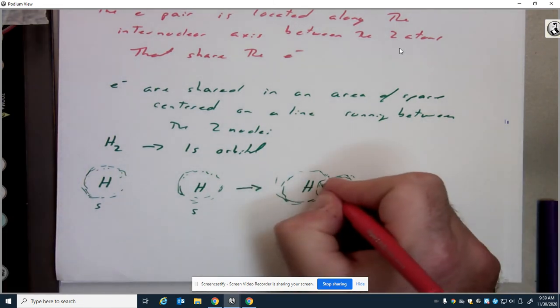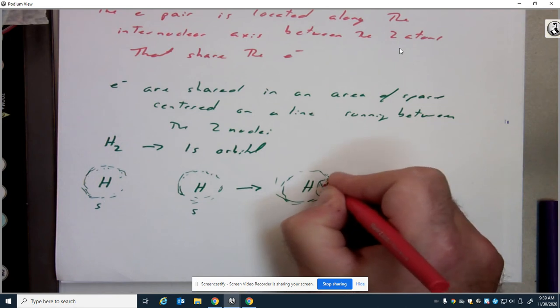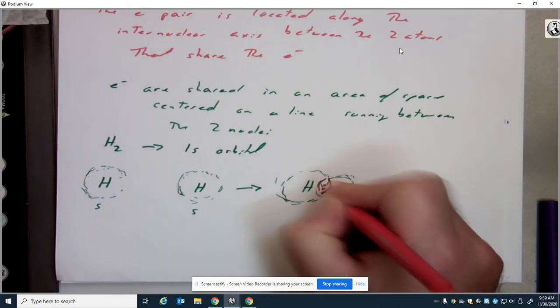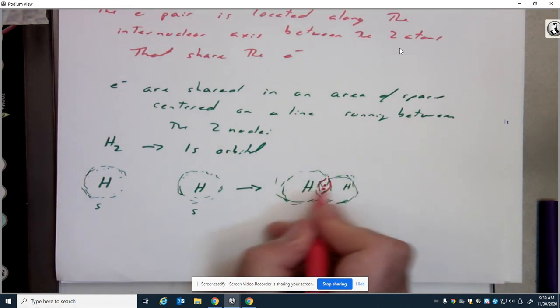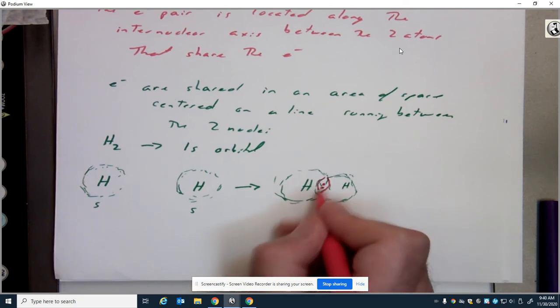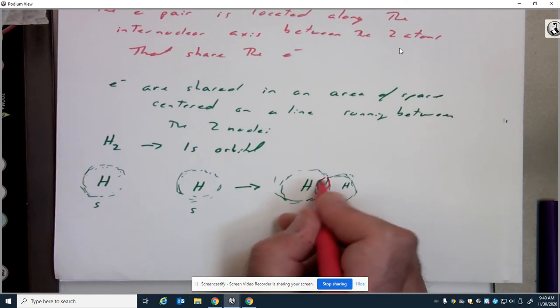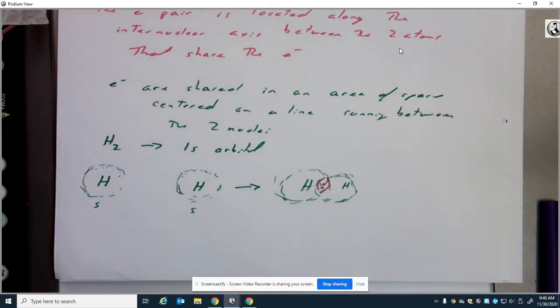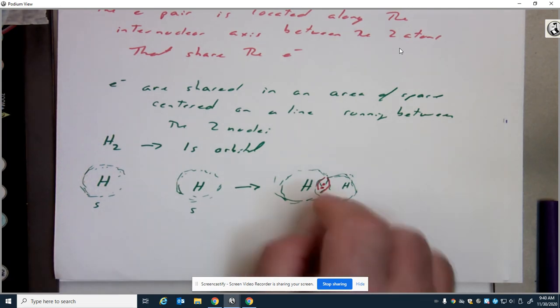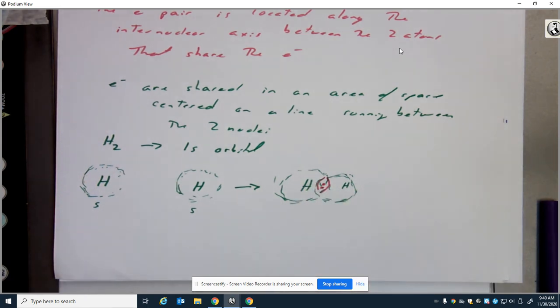Now we get this area of space right here where the two electrons are shared. So we have this area of space in between them where the orbitals overlap and the two electrons are shared in this area. Now, this is a sigma bond because these two electrons are centered on the internuclear axis.